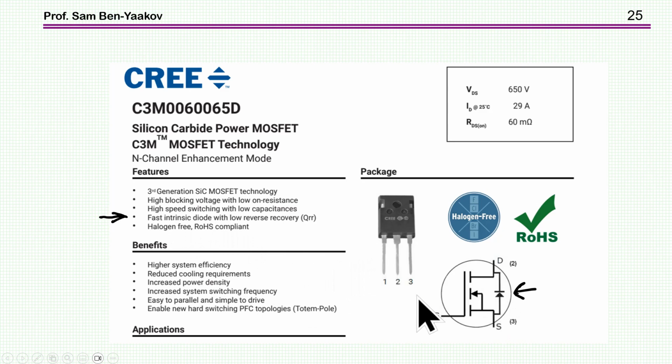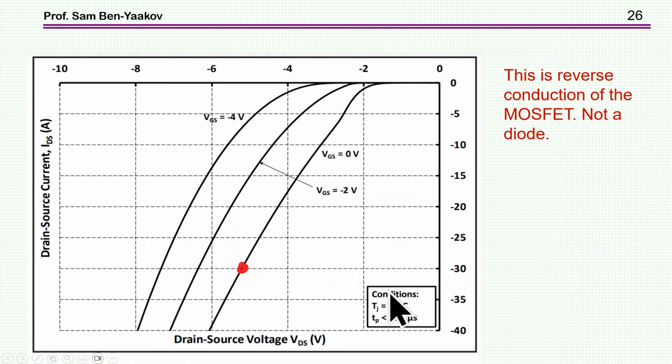So let's have a look at the datasheet. They have here the curves: this is the current and this is the voltage in the so-called reverse conduction of the MOSFET. That is exactly the situation we are in here. There is a current which is going from the source to the drain.